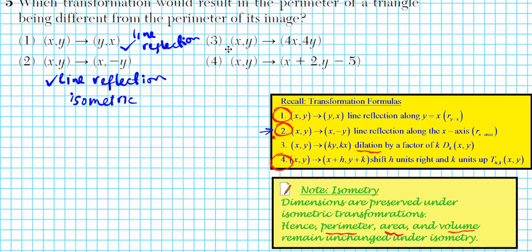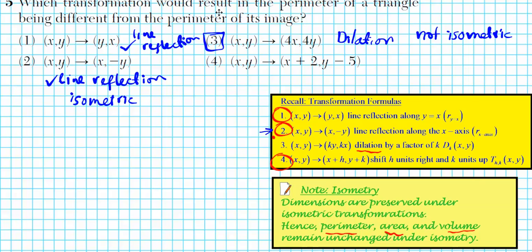Check. Number 3 involves multiplying or scaling the coordinates by a factor of 4. This is a dilation. And guess what? It is not isometric. If it's not isometric, that means the dimensions are changing, hence the perimeter of the shape of the triangle will change. Okay, so this is the answer we're looking for.